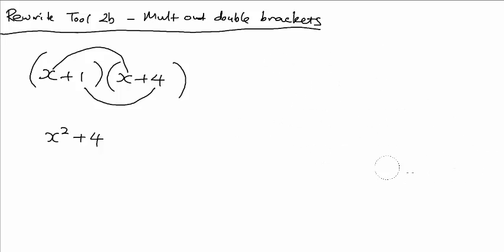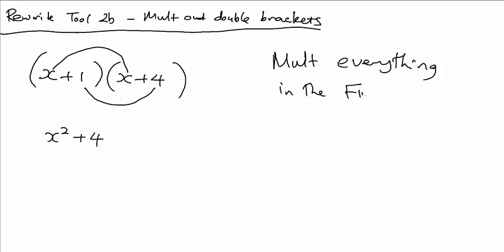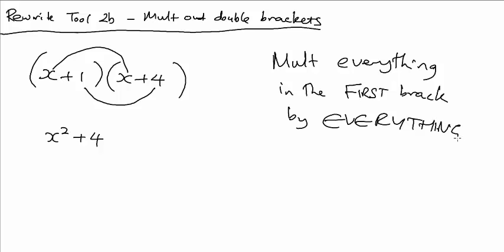So if you want to do double brackets, literally, here's the rule for it. Multiply everything in the first bracket by everything in the second bracket.